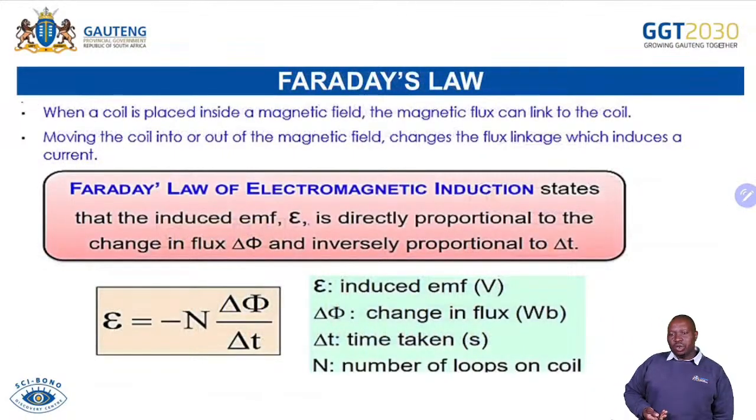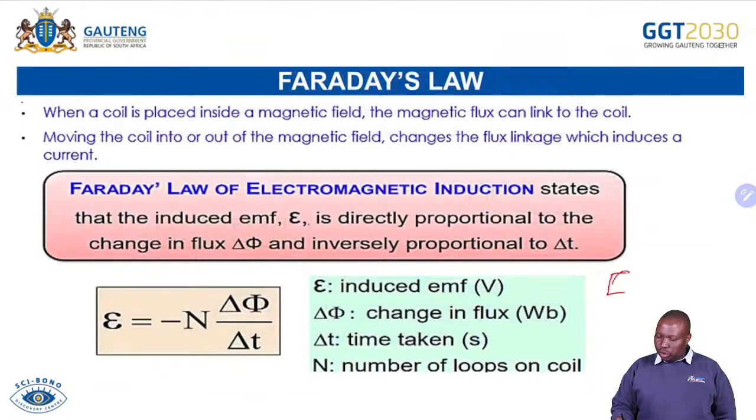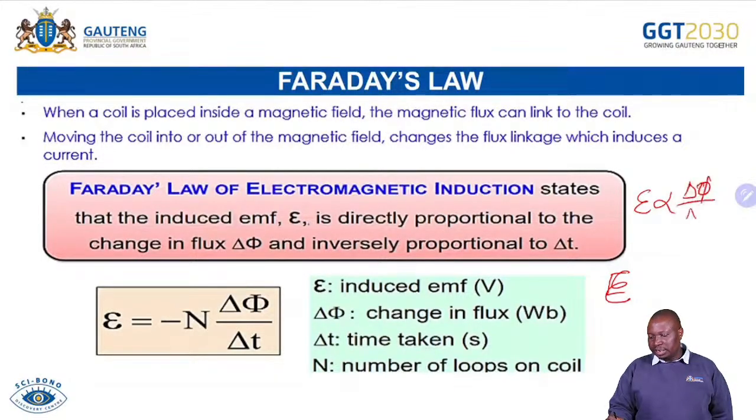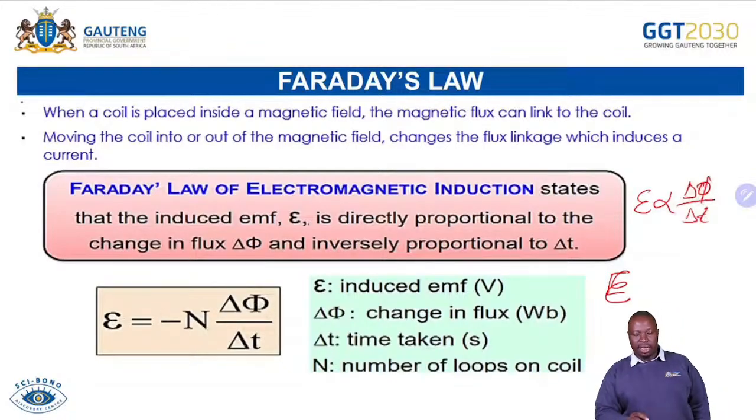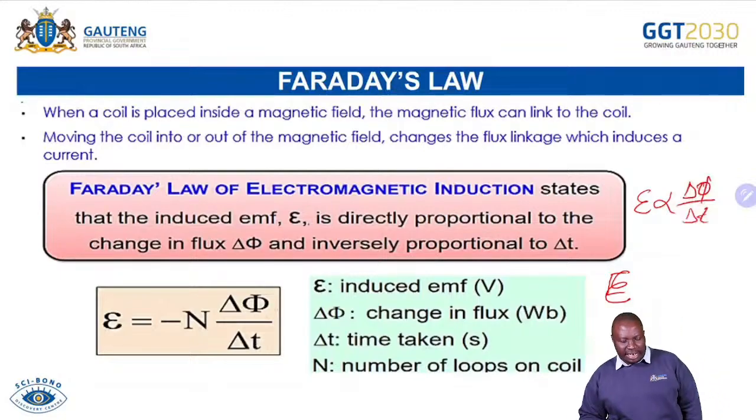We talked about Faraday's law. The induced EMF is directly proportional to the rate of change in magnetic flux. When you put directly proportional, you can remove the minus and the number of loops. So you can see that the induced EMF and time are inversely proportional, but the induced EMF and change in magnetic flux are directly proportional.